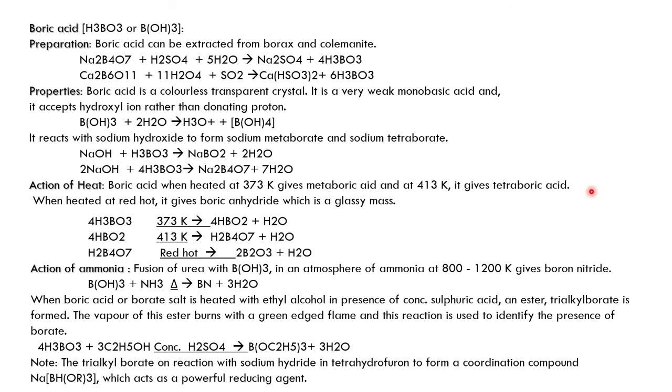Then boric acid, H3BO3, which we can also write as B(OH)3. Preparation of boric acid: borax with sulfuric acid and water forms boric acid, and colemanite with sulfuric acid also forms boric acid.